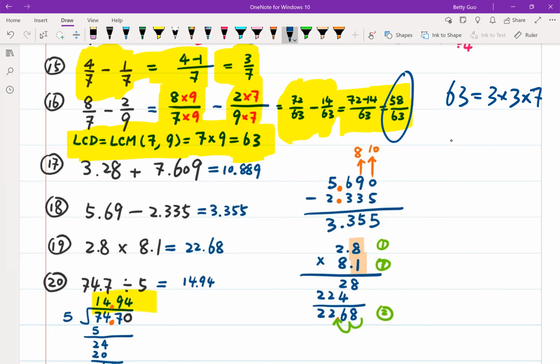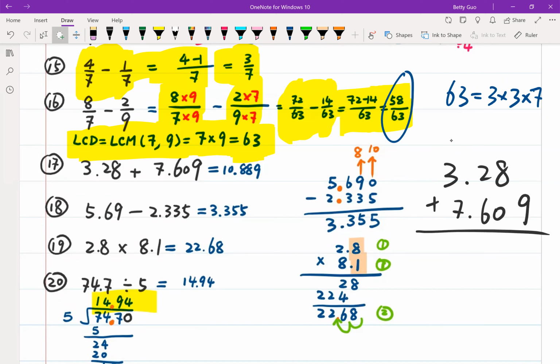Number 17, adding decimals. We need to line up the two numbers. Let me write it here. 3.28 plus 7.609.